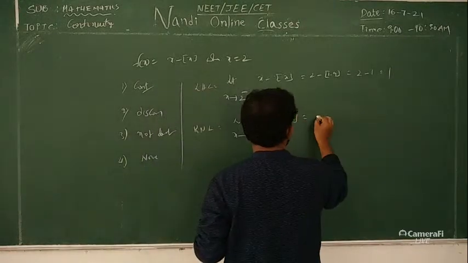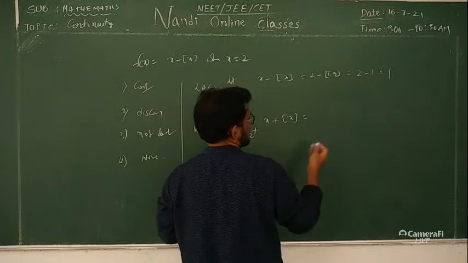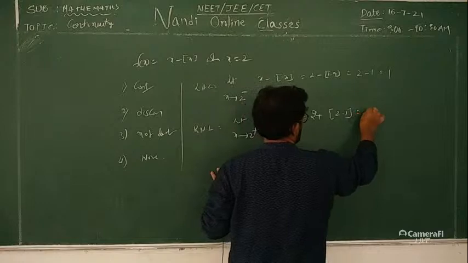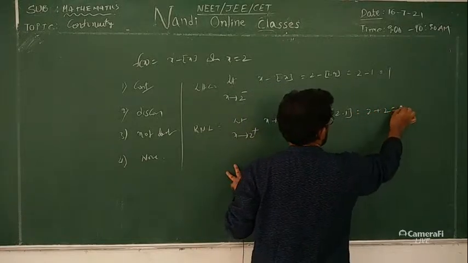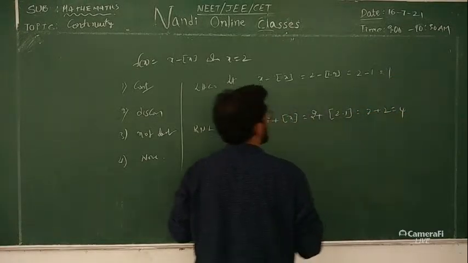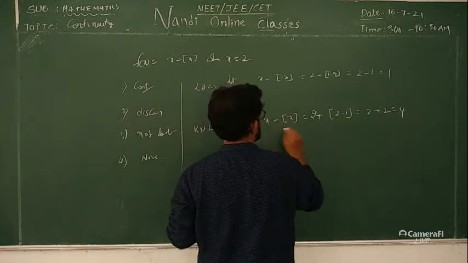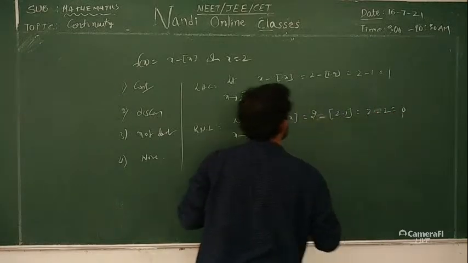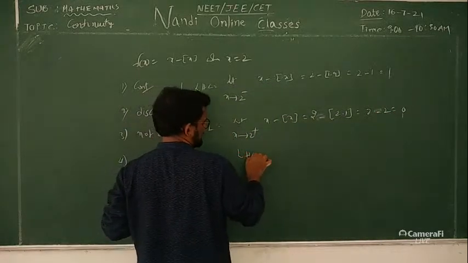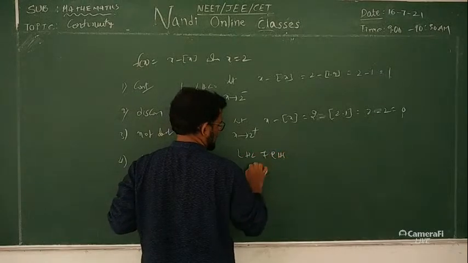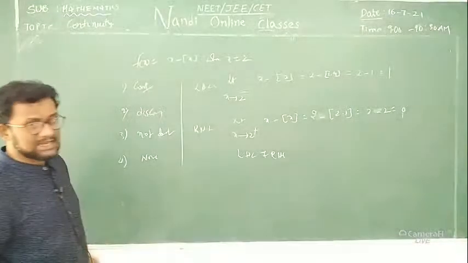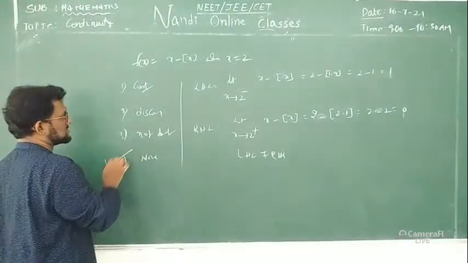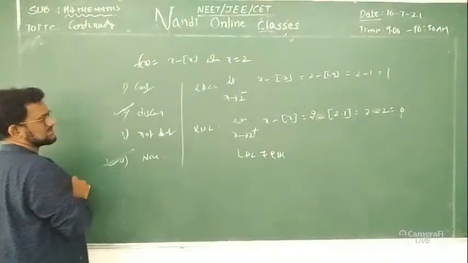So 2 plus is nothing but, can we guess 2.1? Step of 2.1 is 2. So 2 plus 2, your answer is 4. Sorry, it is 2 minus 2, which is 0. Anyhow, both are not matching. Therefore, given function is not continuous, it is discontinuous.